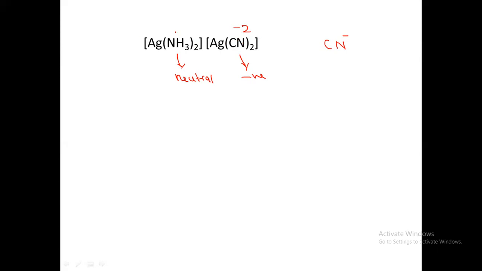Now the whole complex is neutral, right? The whole complex charge is 0, no charge. So we have to balance this minus 2 by plus 2. Then only the complex will be neutral. The plus 2 is actually the contribution from the metals. So what to do? You divide this plus 2 charge equally to both metals, so both of them will give plus 1 each.